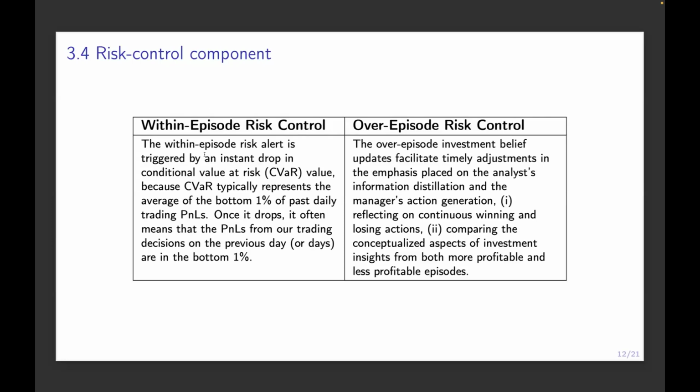This risk alert is triggered by the drop in the conditional value at risk, because conditional value at risk typically represents the tail risk of your trading behavior. Once it drops, it often means the P&Ls from your previous trading decisions are in the bottom 1%, which means you made some big mistakes in the trading. This will alert the manager agent to do the reflections.